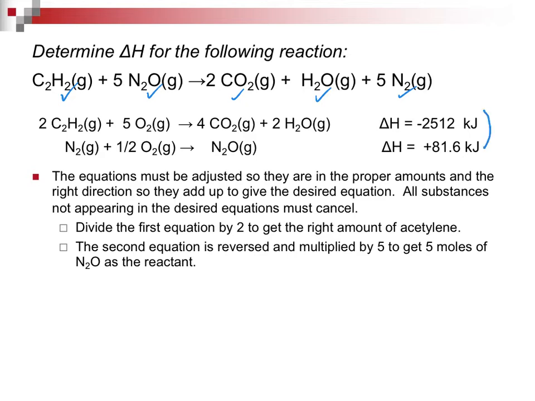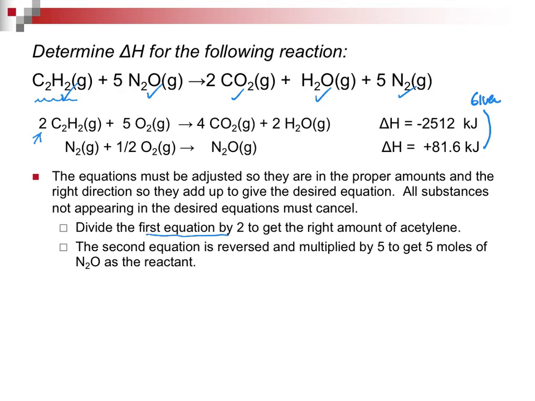Again, you would be given all of this information. You'd be given the equation for acetylene, you'd be given the equation for nitrogen, and your job would be to look at this and try to figure out what to do. So you've got to adjust these equations so they have the proper amounts. If I look at the acetylene in the equation, I notice that there is only one, and here there are two.